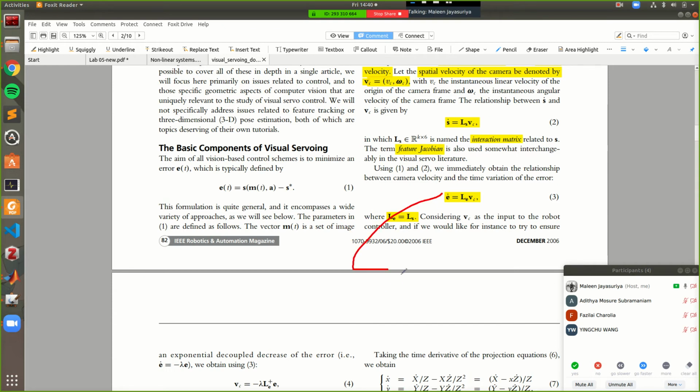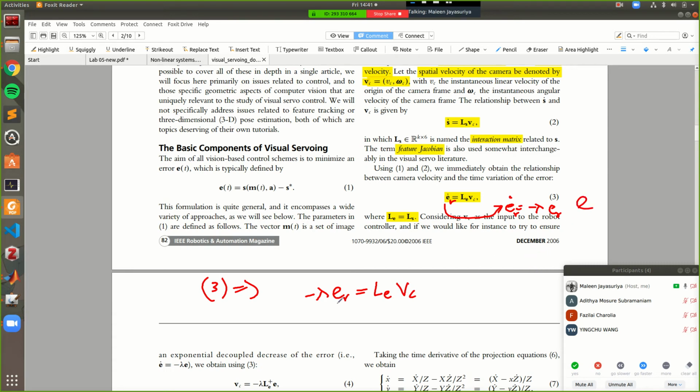If we take this equation 3, we can rewrite it as simply minus lambda e times L_e v_c, because e dot is equal to minus lambda e. And here what I mean by e is e_r, not the exponential function e.